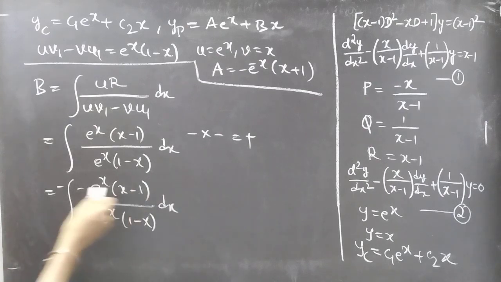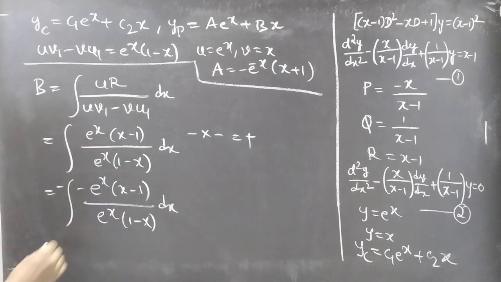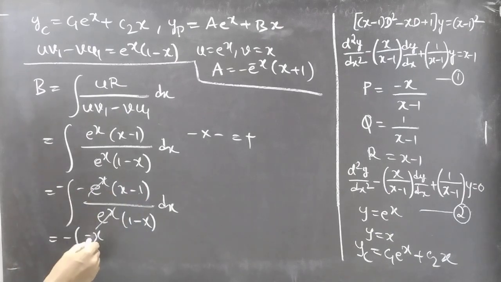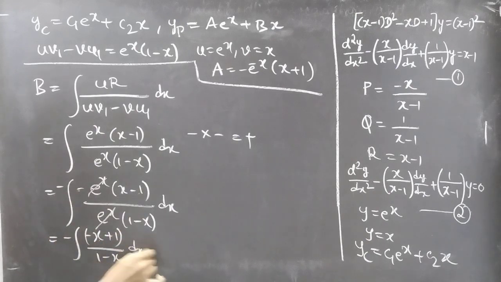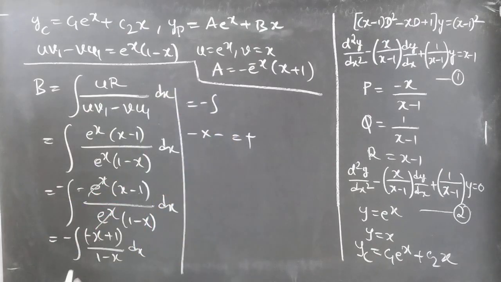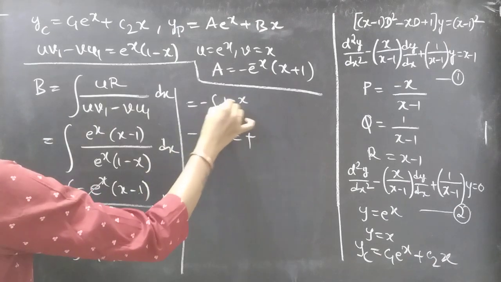Now I'll multiply these two terms with minus, then I'll get minus integral. Here e power x gets cancelled, okay? Then you'll get minus x. Just multiply these two terms with minus, you'll get minus x, minus into minus plus 1, by 1 minus x into dx, which equals minus integral. You can write minus x plus 1 as 1 minus x, right?